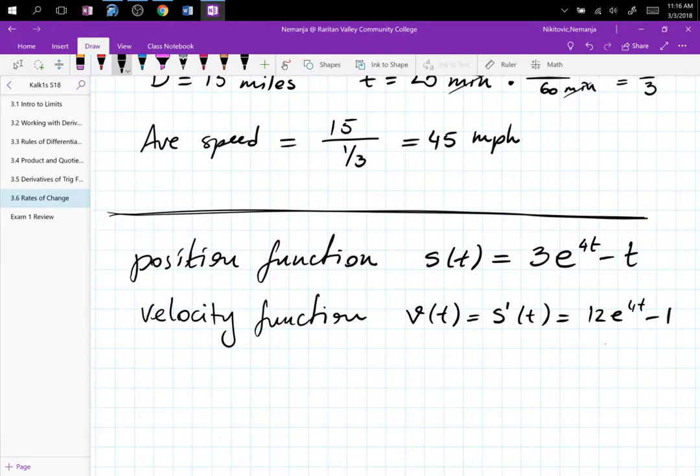This velocity function will tell you the instantaneous speeds at each point in time. So now, if I say t equals 0, at t equals 0, I have a position of 3, and then the speed is 12.